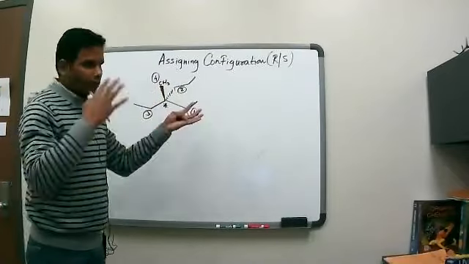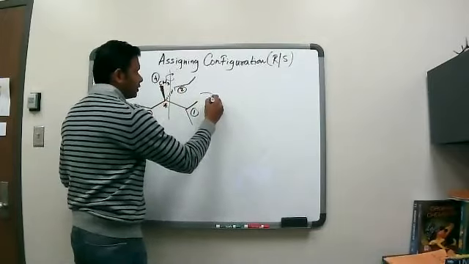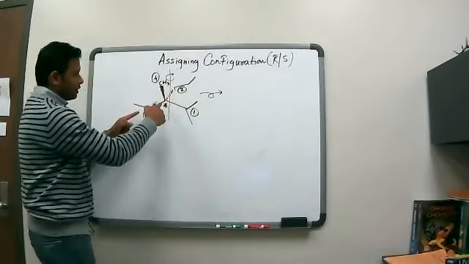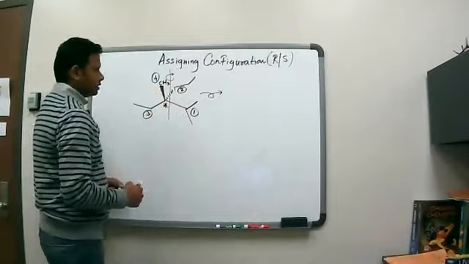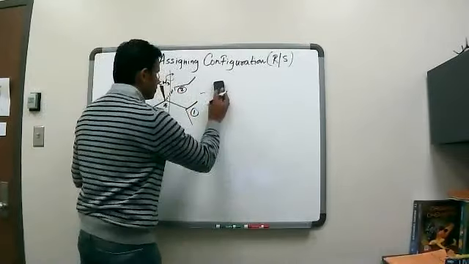So in this particular case, if we imagine an axis going through here and do a rotation, I'm going to keep the basic numbering skeleton here, or let me redo this.